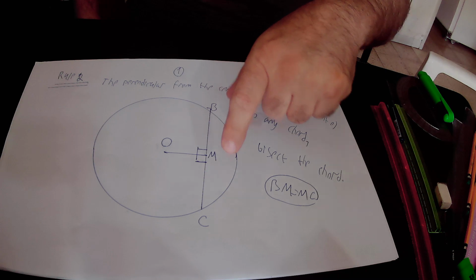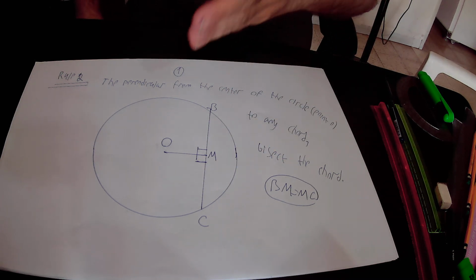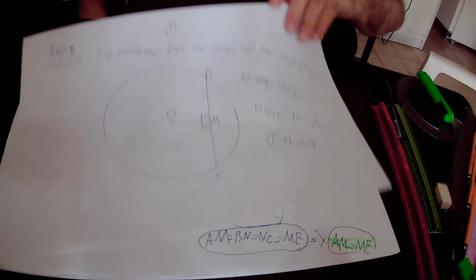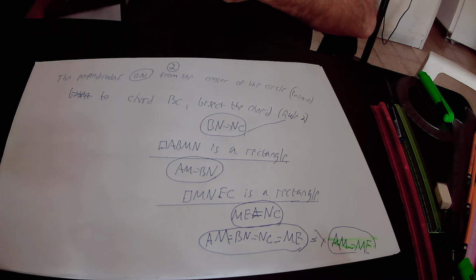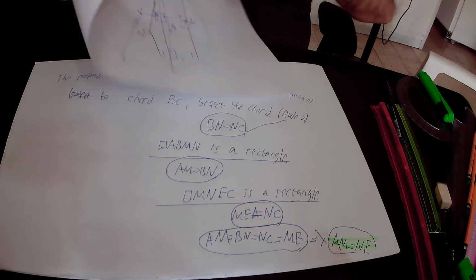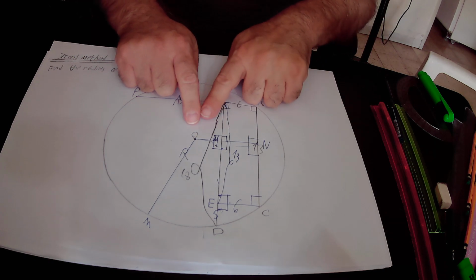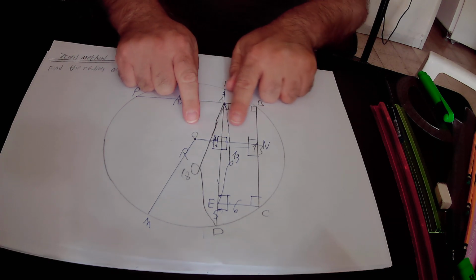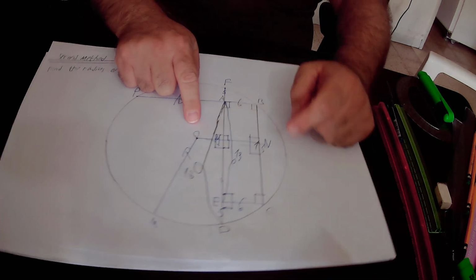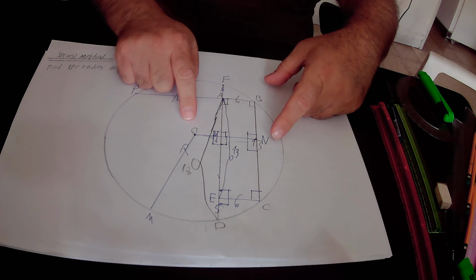That is to say BM equals MC. Again, chord BC could be any chord. So we can implement rule number 2 in our drawing. Why? Because in our drawing we have the perpendicular ON towards chord BC, and according to rule number 2, it bisects chord BC. That is to say BN equals NC.